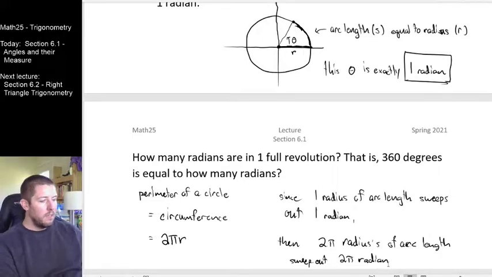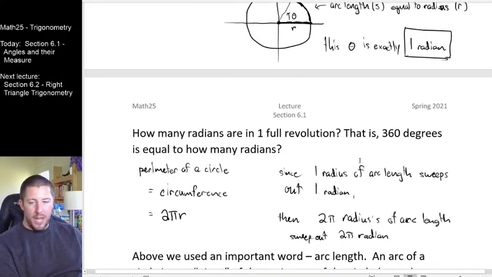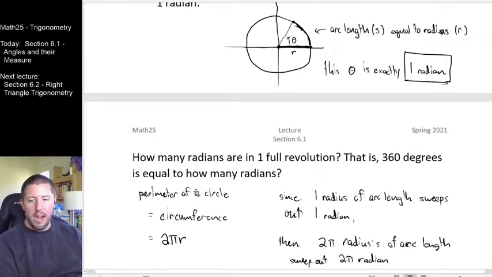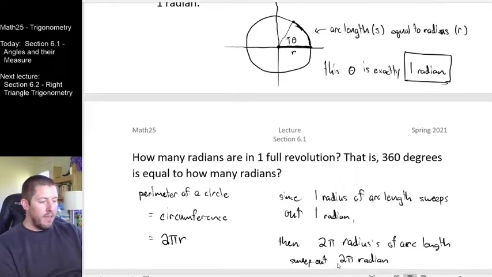And 2 pi radiuses, that's the whole thing, right? 2 pi radiuses, that's exactly the full circumference of the circle. So it seems like 2 pi radians is the same thing to us as 360 degrees, right?